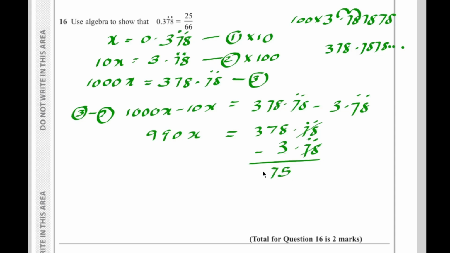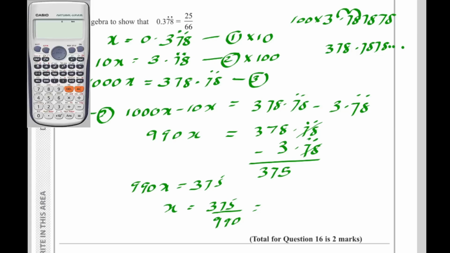Here 7. Here 3. Then 990x equals 375. Then x equals 375 divided by 990. Let's get the answer. Let's use the calculator and check whether it is correct. So 375 over 990.